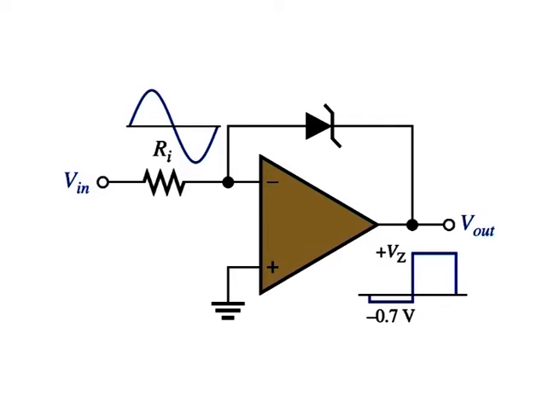When the output switches negative, the Zener acts as a regular diode and becomes forward biased at 0.7 volt, limiting the negative output voltage to this value as shown here. Turning the Zener around limits the output voltage in the opposite direction.